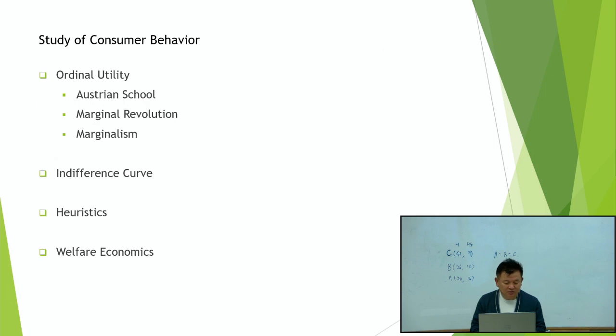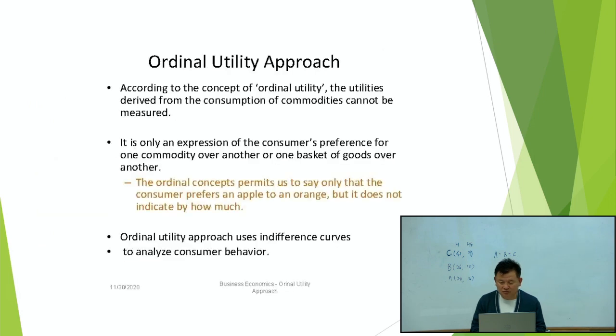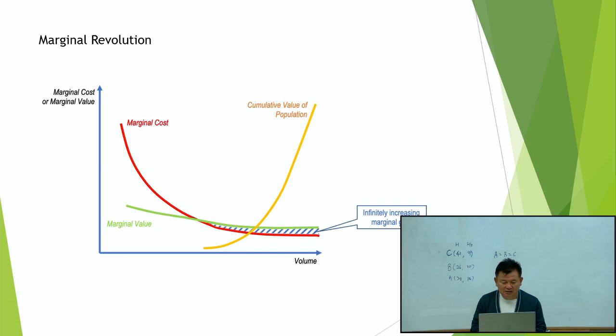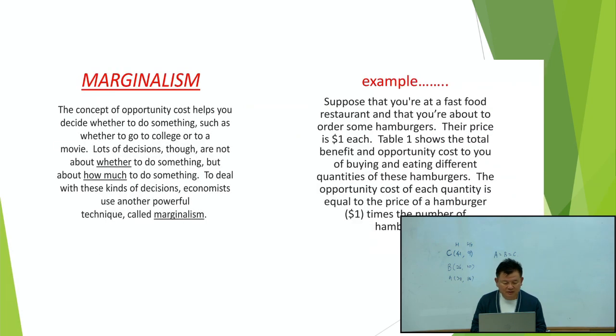Last week I also introduced marginalism. The concept of opportunity cost helps you decide whether to do something, such as whether to go to college or to a movie.